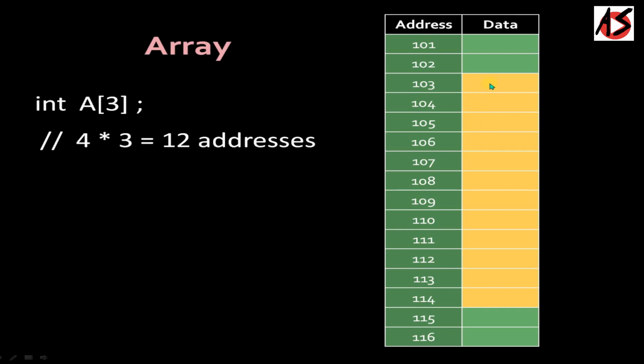Here it gives 12 continuous addresses, that is 103, 104 and so on up to 114. This is normally a contiguous memory.